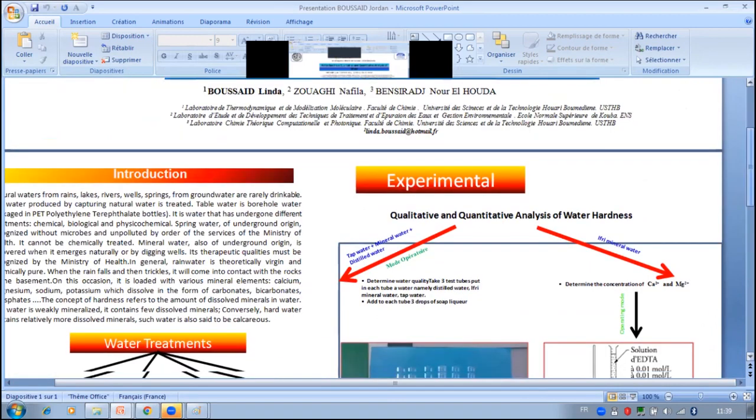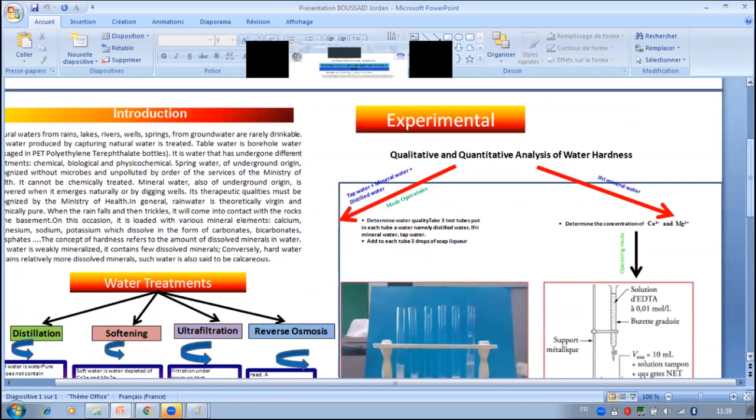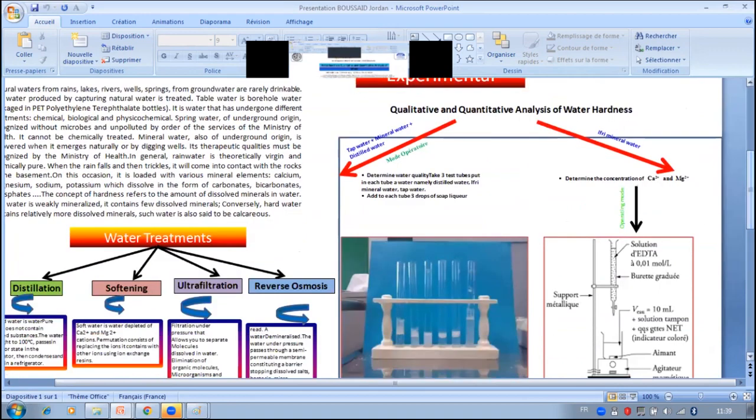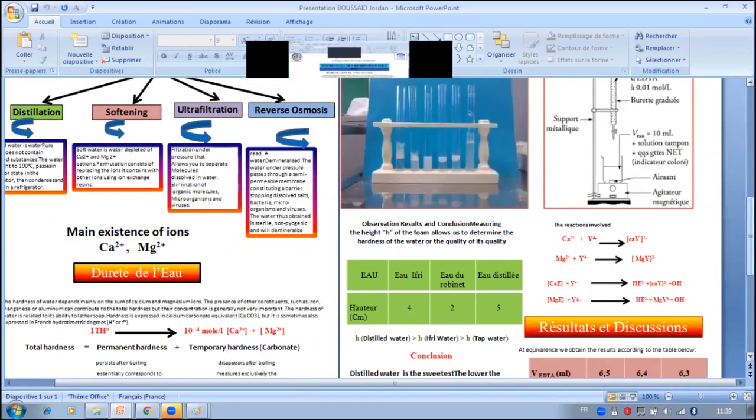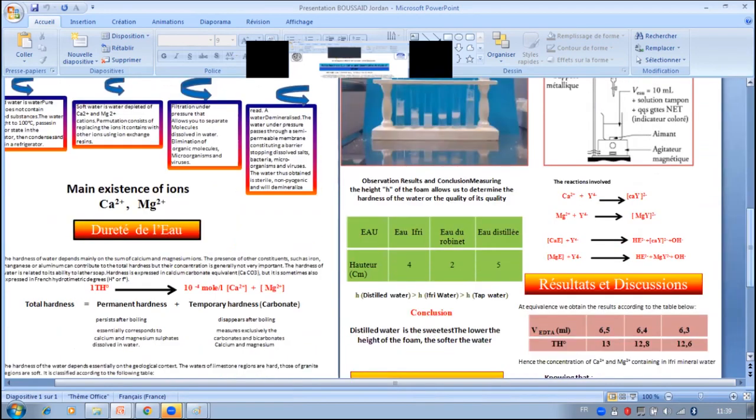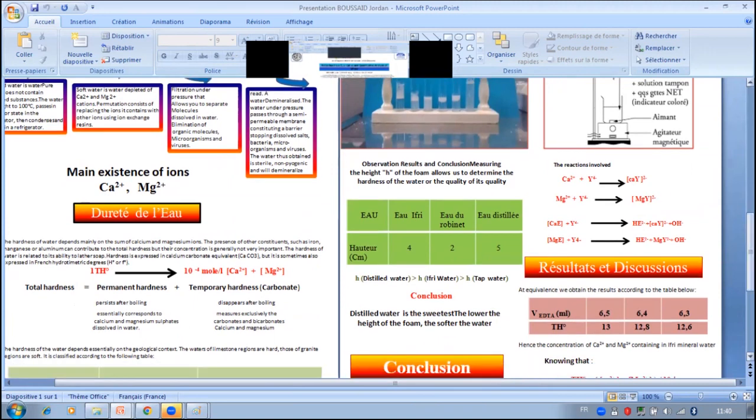For the quantitative analysis, we use Frei mineral water. We determine the concentration of calcium and magnesium using the EDTA solution. At equivalence, we obtain the results according to the table below.